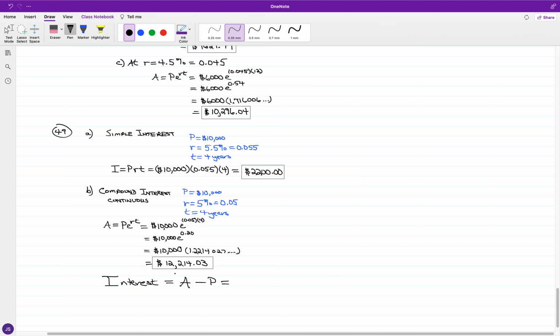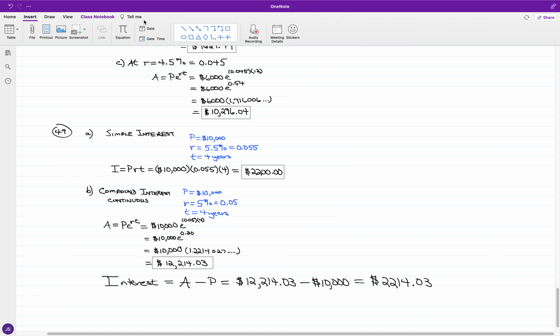So for the value A, we have 12,214.03, minus the $10,000 borrowed. The difference here is 2,214.03. So that will be the amount of interest with that particular plan.